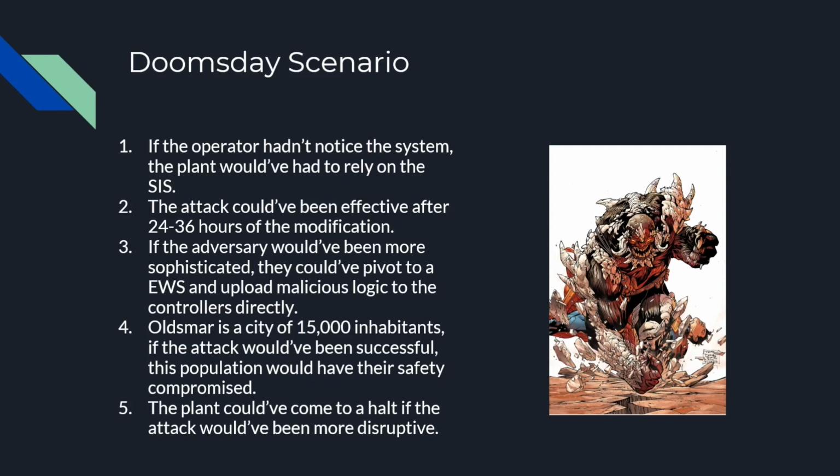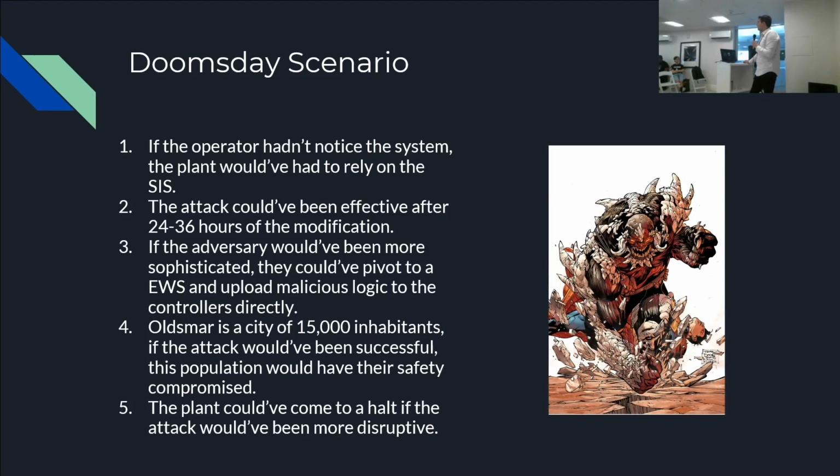If the operator hadn't noticed the modification on the HMI, the computer that he was visualizing, the system would have triggered an alert, but it wouldn't have made an adjustment. According to the news article, the change could have taken effect 24 to 36 hours after the modification to the HMI parameter.